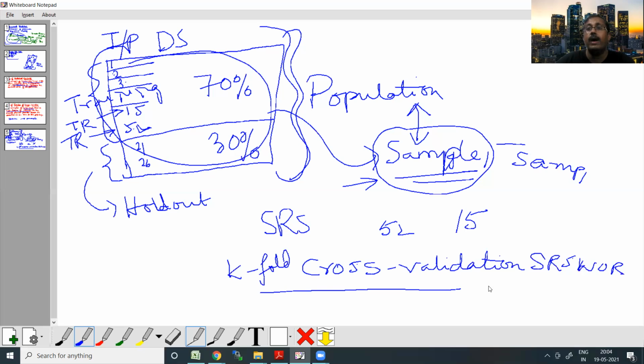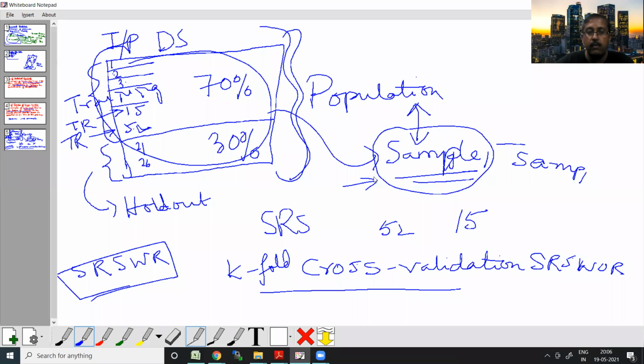Now you may ask, do I really use SRSWR, with replacement? Yes, I definitely do that. How? For example, when I am using bootstrapping.